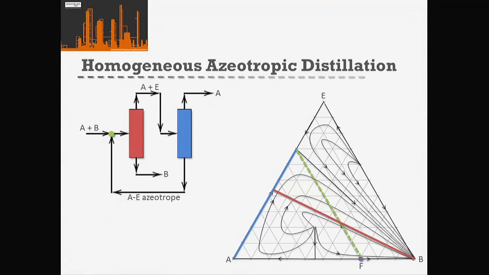Now, if I'd crossed it up here, much closer to our azeotrope composition, that would mean that the feed into this column would contain a lot more of our azeotrope, which would mean that we will be recycling a lot more of our azeotrope around our system. So we would have a lot more entrainer in our system, and we would be recycling a much higher flow rate.